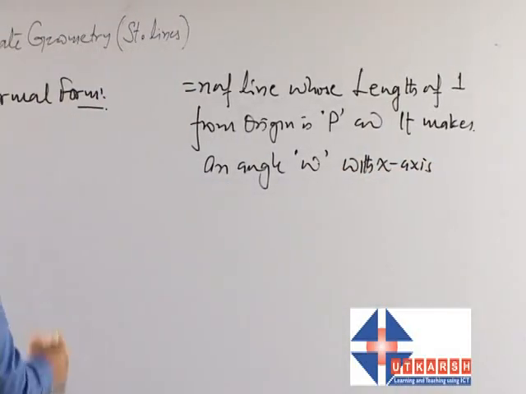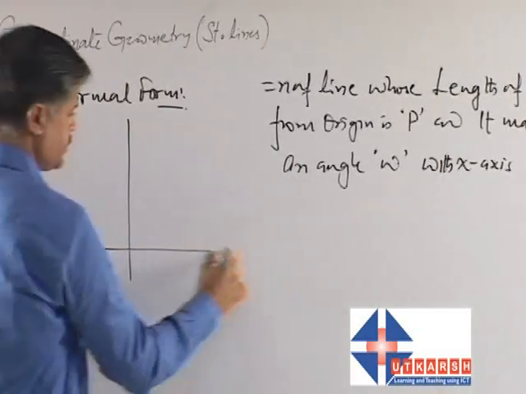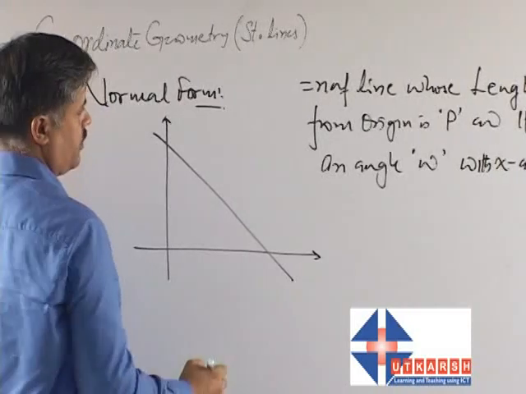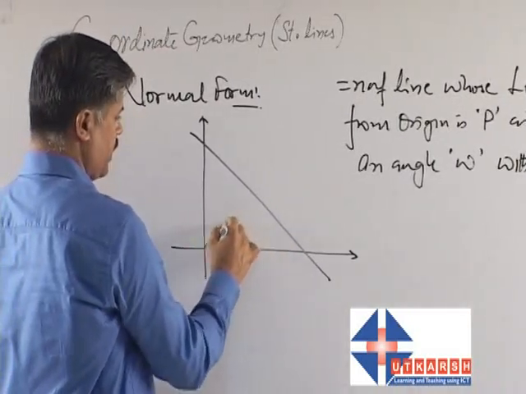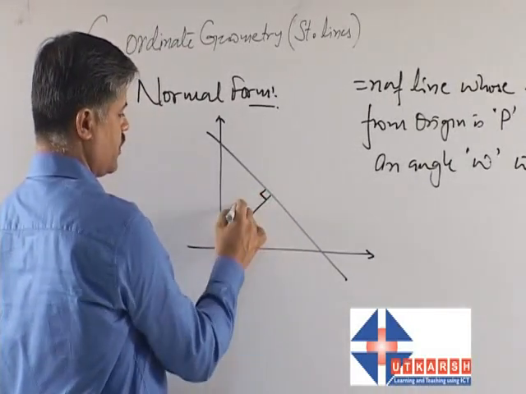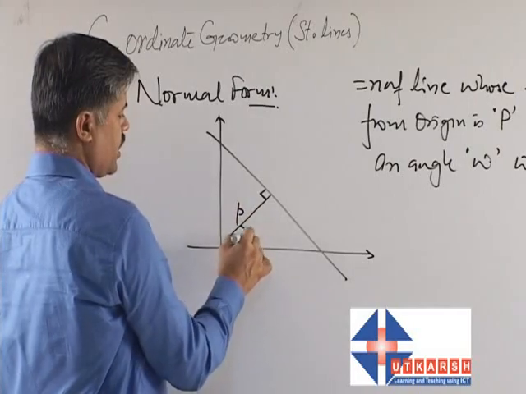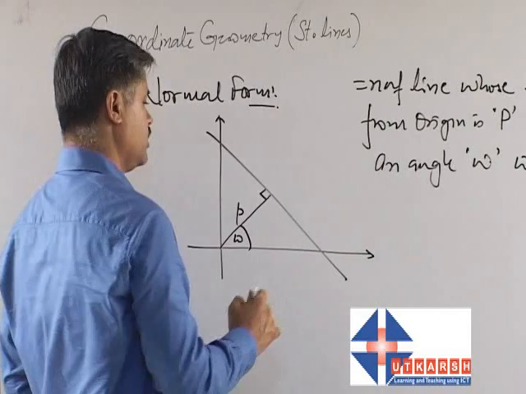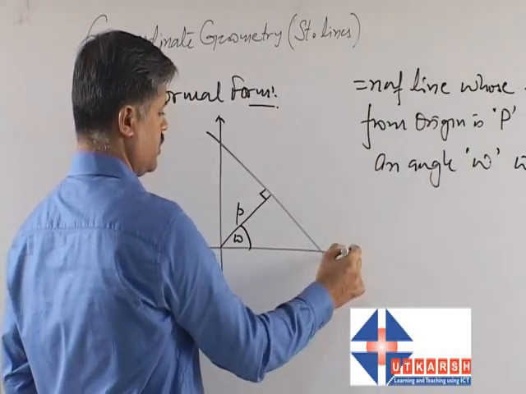Means this way. This is the coordinate axis. This is the line which you have to determine. Its length of perpendicular from origin is of length p. It is making an angle omega here. Now you can make it like this.